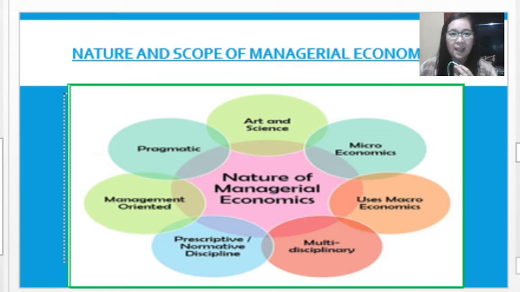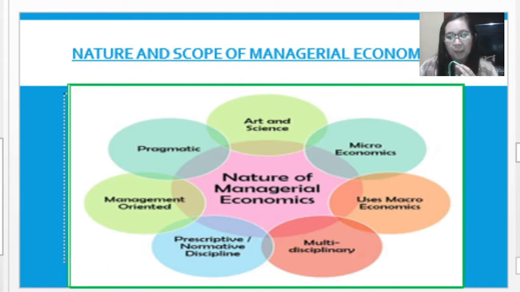Managerial economics is considered to be a science because we are following certain steps. For example, in solving a business problem, we may use a formula or certain chronological steps in order for us to address a particular concern.